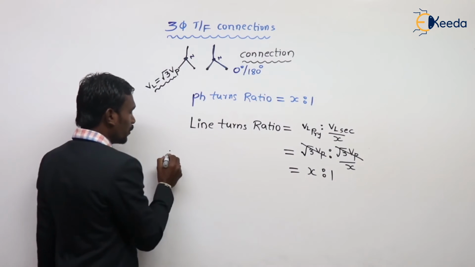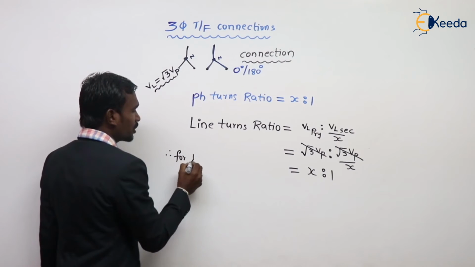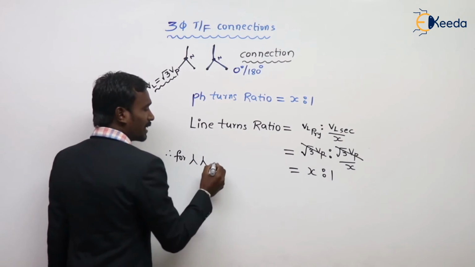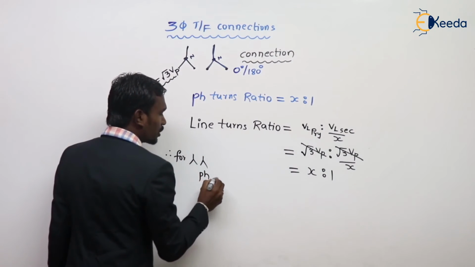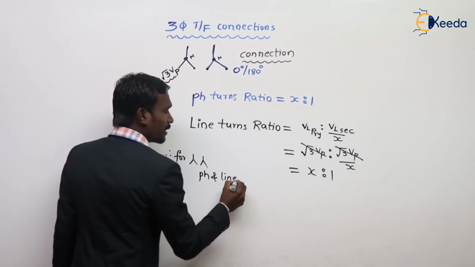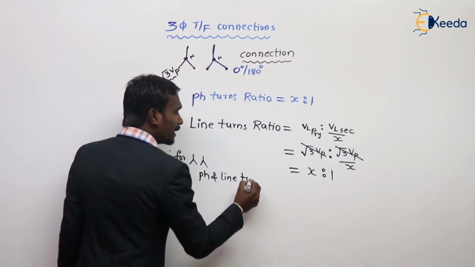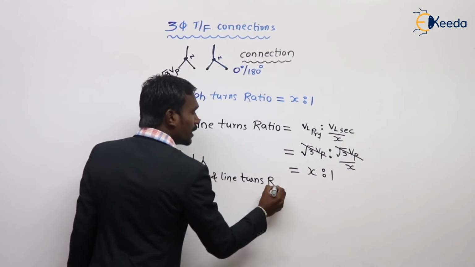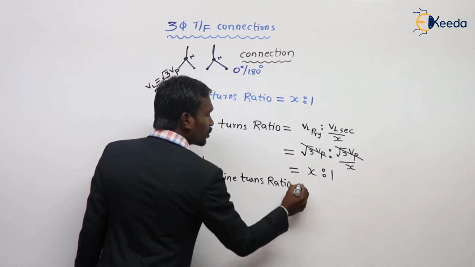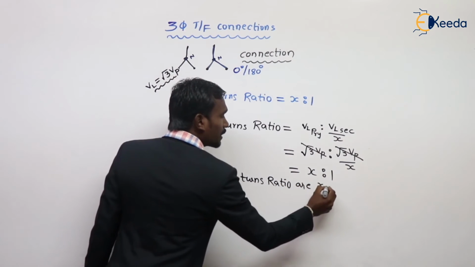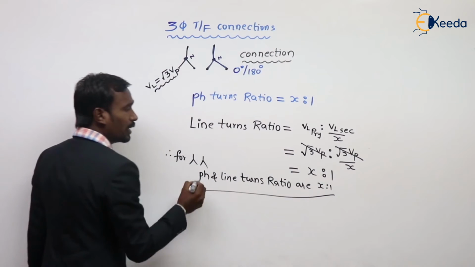Therefore, for the star-star connection, the phase turns ratio and line turns ratio are X is to 1 only.